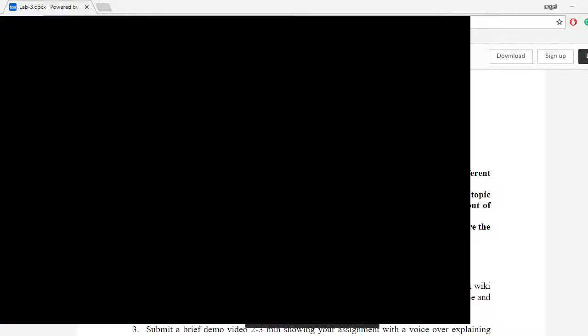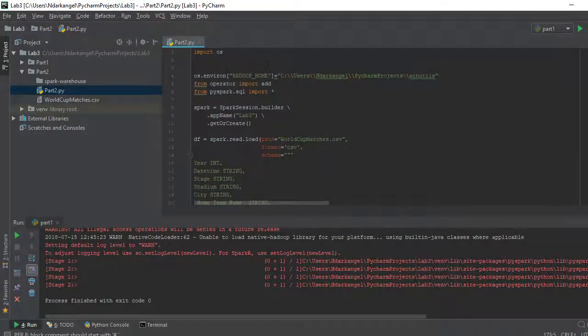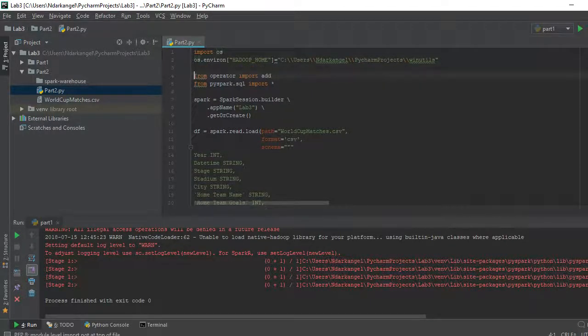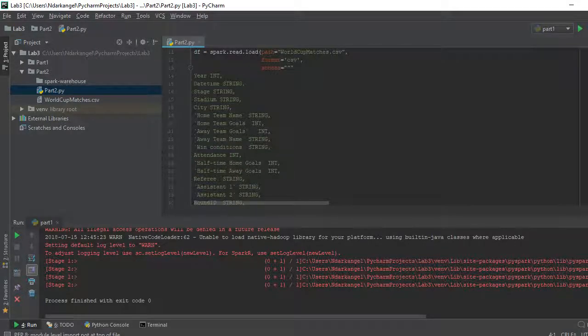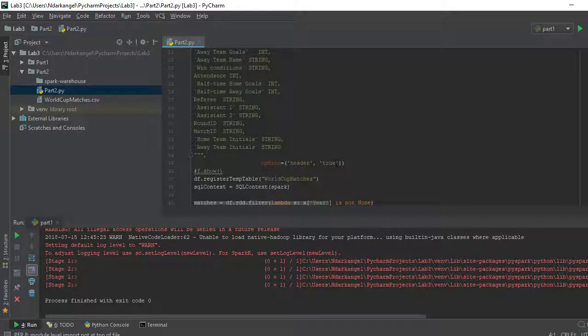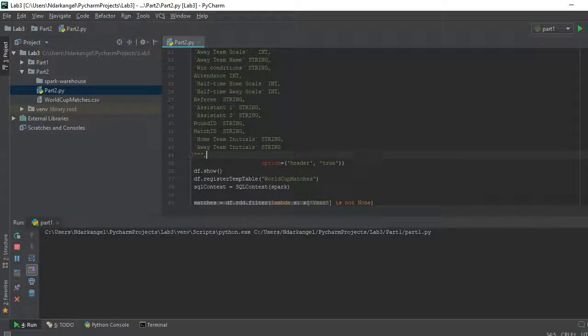You can see here we are loading data, and we just put the initials into strings, and the schema is strings, and header is true. So if I do df.show here, we can see that. Run this.